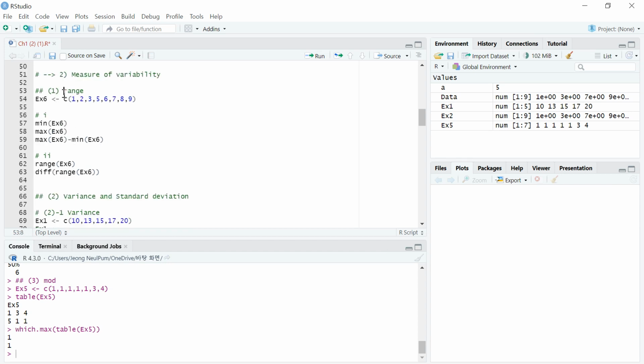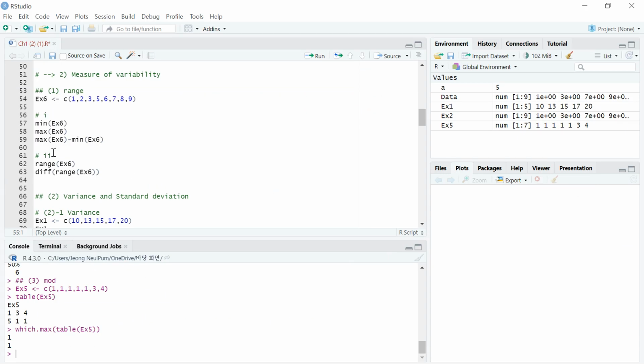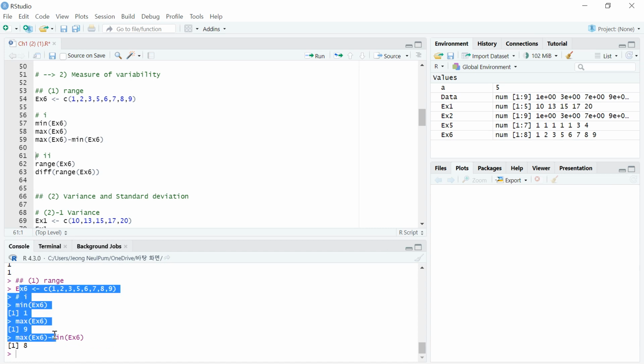And the first thing is the range, which is the difference between the maximum value and the minimum value, which is very easy. And as you already know, we can get the maximum and minimum values with the max and min functions in our programming language. So we can get the range and the maximum and minimum values of our data very easily.